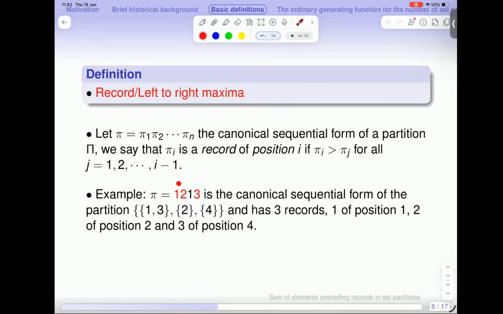First of all, 1 is the first element, so it's greater than all the elements before it. 2 is also a record, at position 2, and it's greater than the element before it. 1 in black is not a record because it has bigger elements before it, and 3 is a record at position 4.